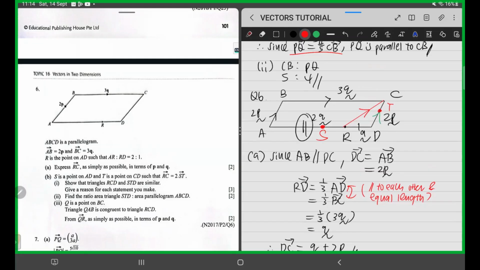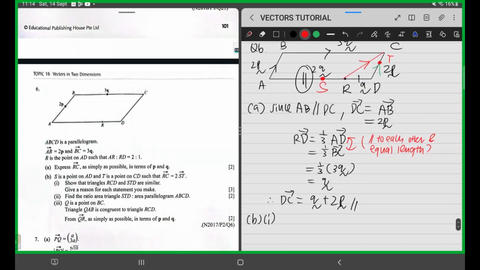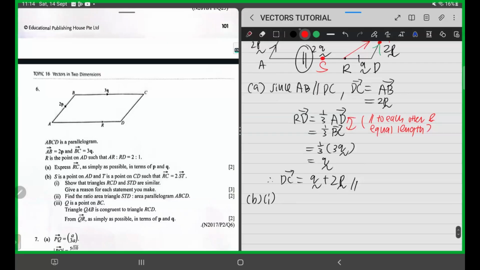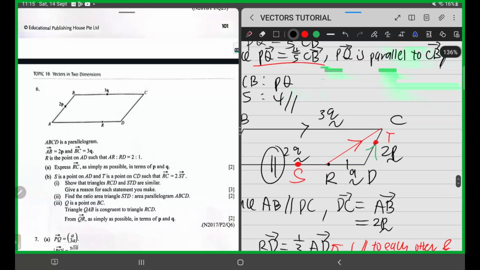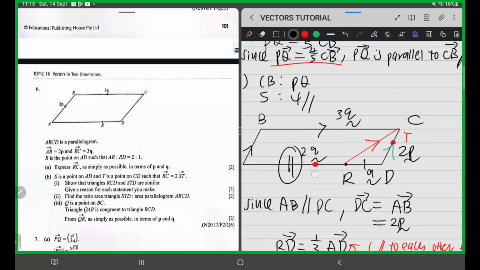And then they say RC is twice of ST. Okay, so change color. RC is twice of ST. This means RC is parallel to ST. So that means your ST probably is somewhere over here.